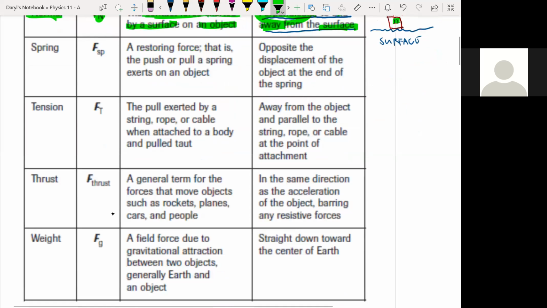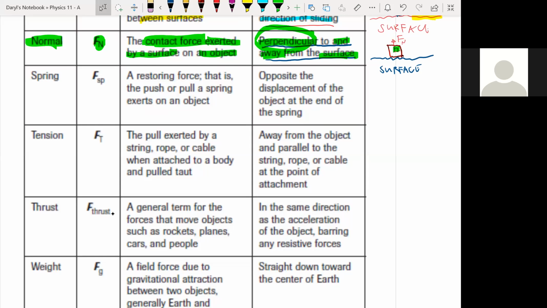And spring force, well, not necessarily a common one, but if we're going to talk about Hooke's law, we'll be encountering this. It's a restoring force. It's either a push or a pull of a spring that is exerted on an object.